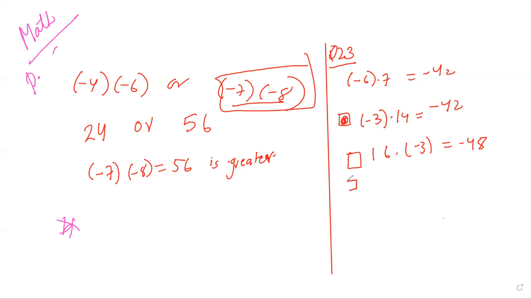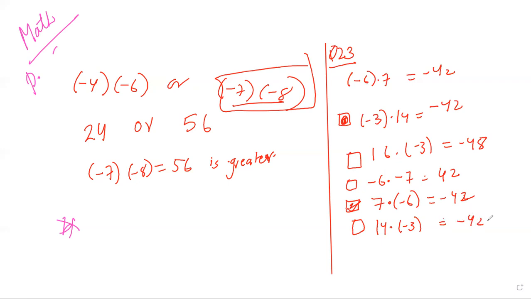It's wrong. Next one, minus 6 times minus 7. You have plus 42 because both are negative. Then it cannot be your answer. 7 times minus 6. Yes, you have minus 42. That means this is your answer. And the last one, 14 times minus 3. This is also minus 42. So even this is your answer.